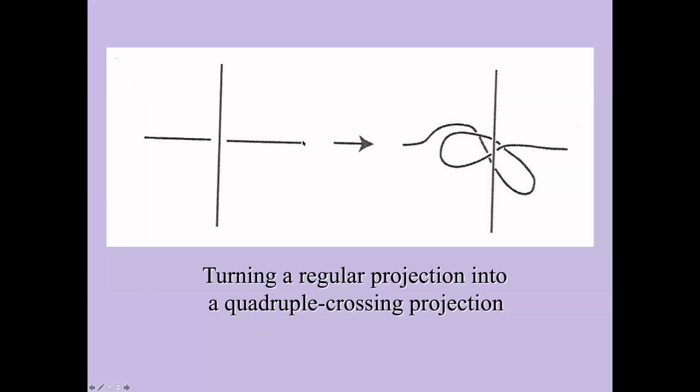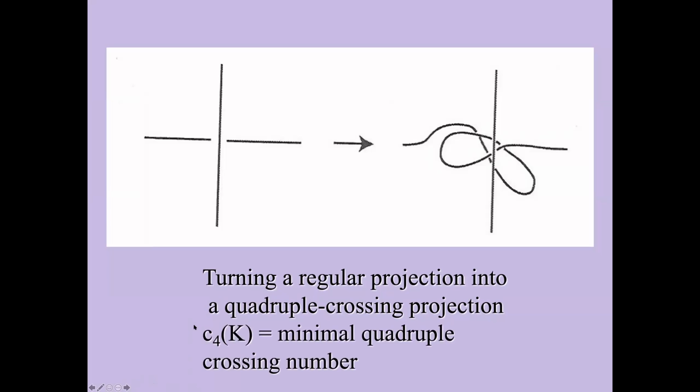Namely, I'll take this understrand and I'll just go back and forth a couple of times, and then you'll see right here at the center a quadruple crossing. And so that allows me, much more easily than in the triple crossing case, an immediate proof that every knot has a quadruple crossing projection, and therefore the quadruple crossing number is well defined. So that's C sub 4 of K, the minimal quadruple crossing number for any knot.